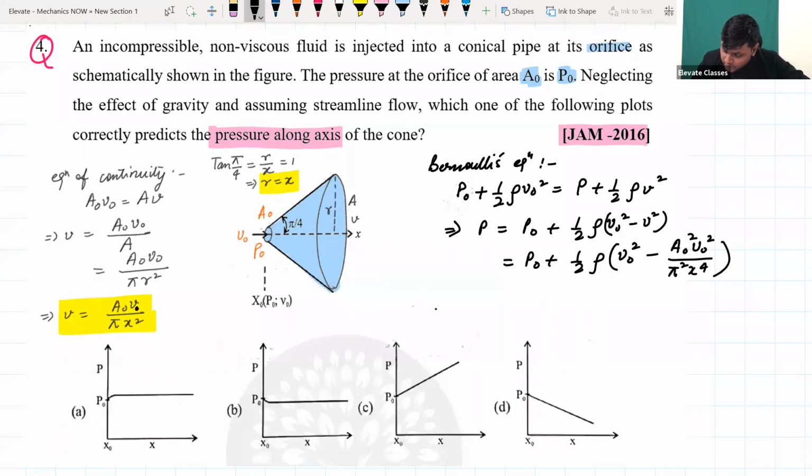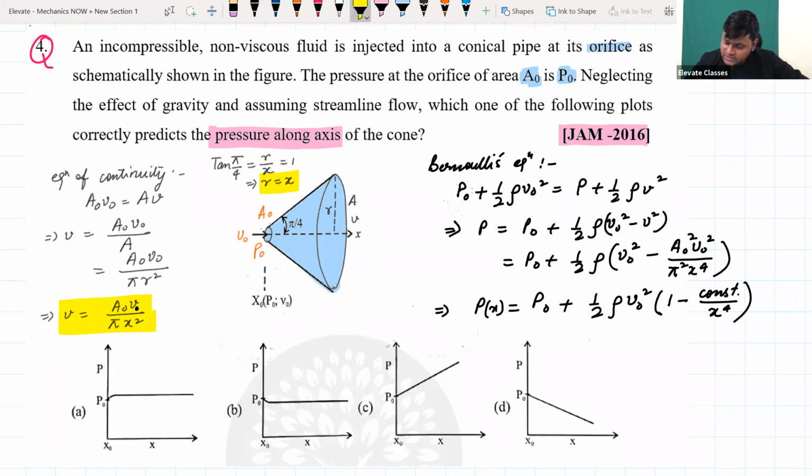So the pressure at any given point x comes out to be P naught, some constant, plus half of rho V naught square, which is the initial velocity, times 1 minus A naught square upon pi square x to the power 4. A naught is a constant, pi is a constant, so let's call it some constant upon x to the power 4.